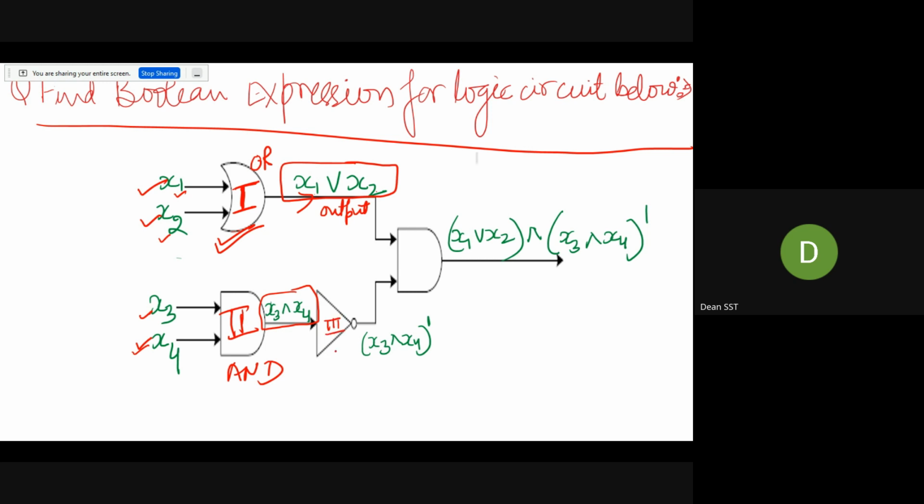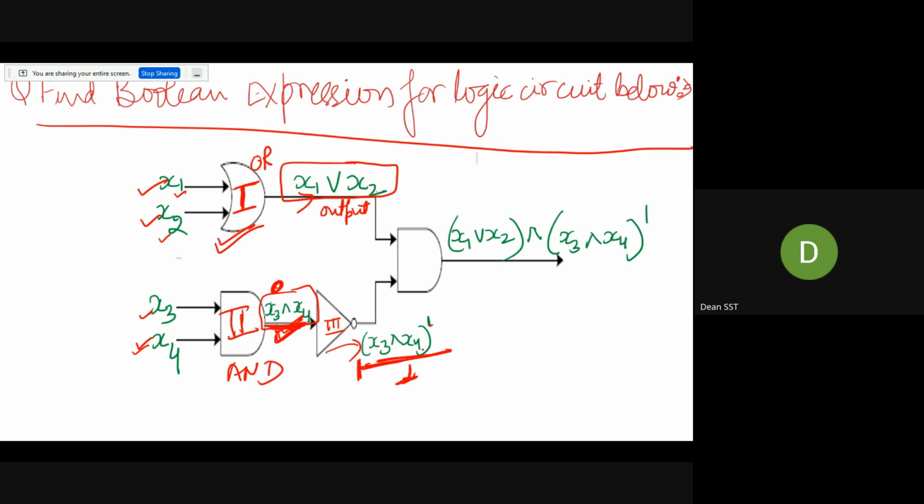This is a NOT gate, so we make the complement. The output is the complement of the input. The input is X3 AND X4, so the output coming out of this NOT gate is the complement of X3 AND X4. Suppose here we provide value 0, so here we will get 1.